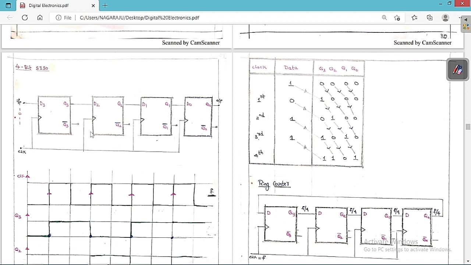Now, for the first triggering, Q3 gives input to D2, so whatever it is, it is going to flow through Q2.